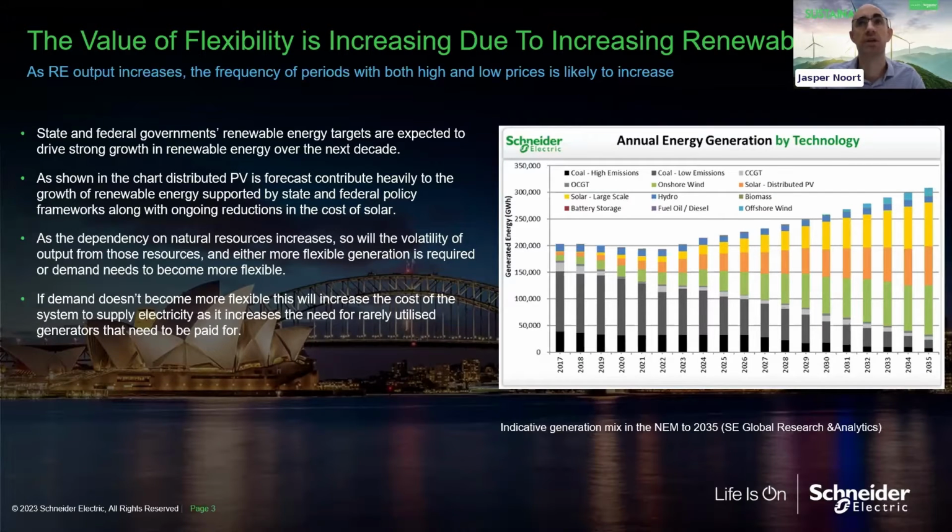So with the rise of renewable energy, that is becoming a key driver for the need for flexibility, and one of the key drivers of the value of flexibility.